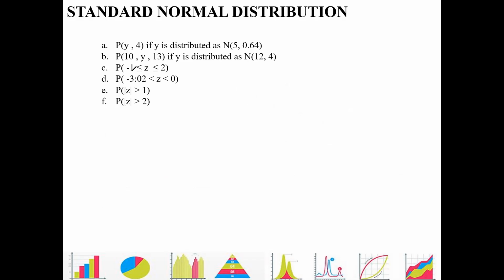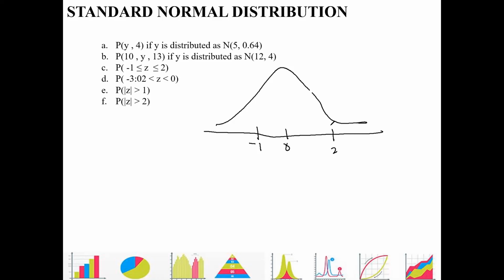Yung problem is already in the standard normal distribution. So gawa tayo ulit ng bell curve. Ito yung 0 natin, yung gitna. Ito yung negative 1 and ito yung 2.